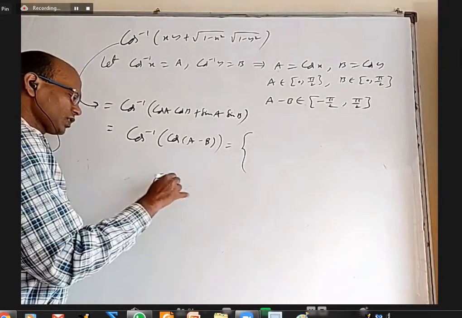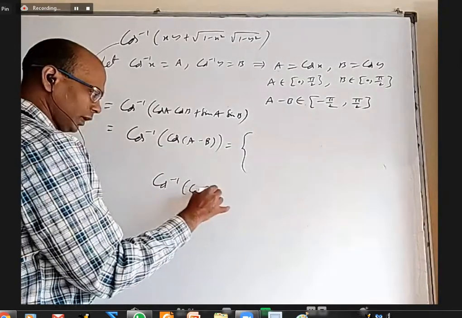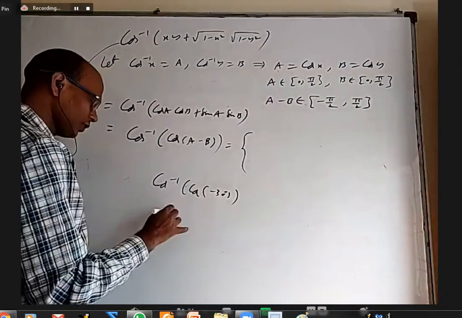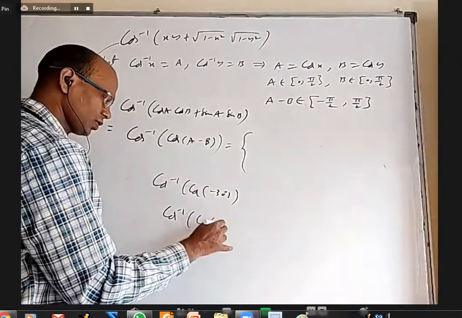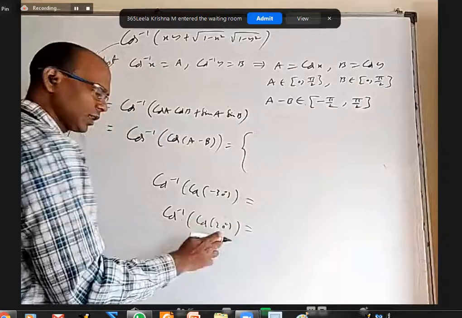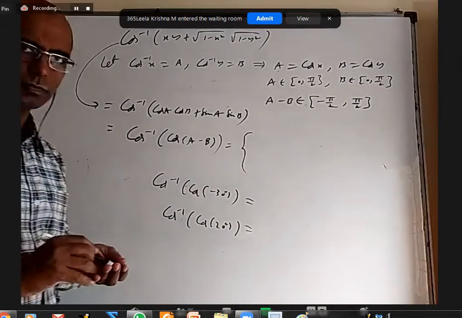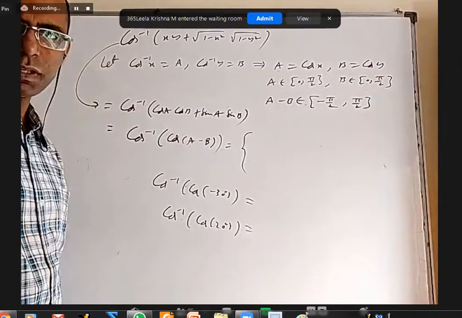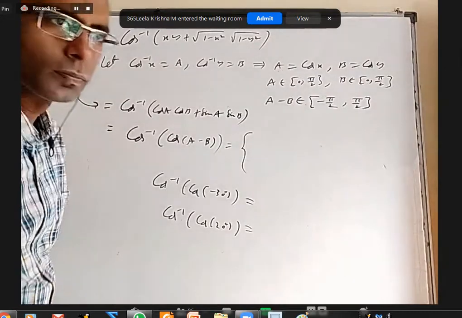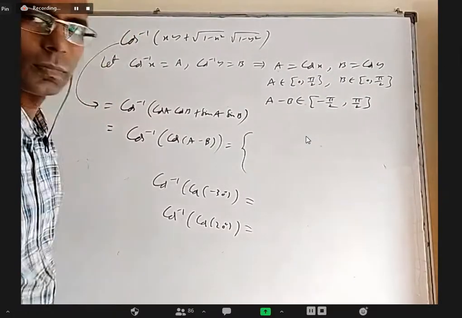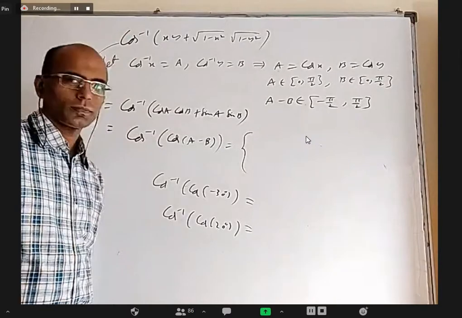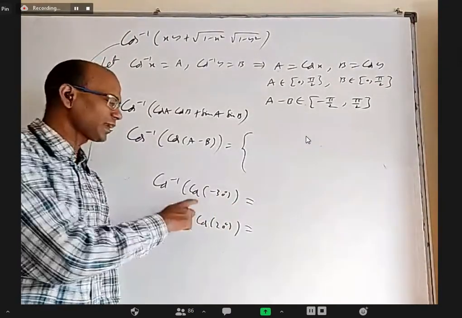If I take cos inverse cos of minus 30 degrees, what is the answer? And cos inverse cos 20 degrees, what is the answer here? It is 30, because cos of minus theta is cos theta.